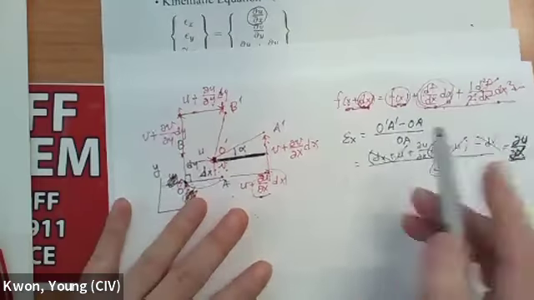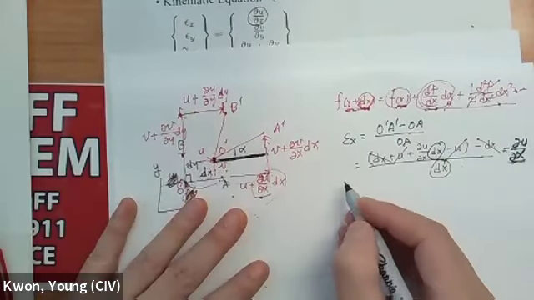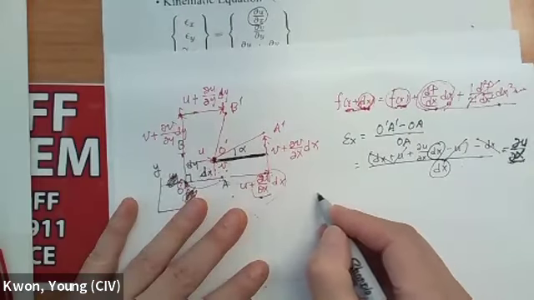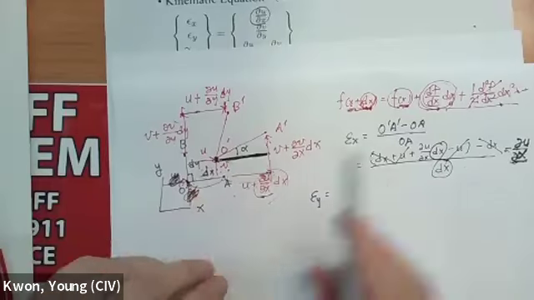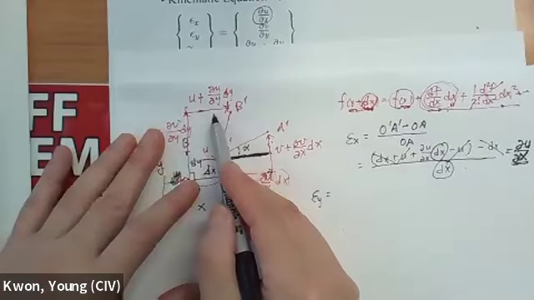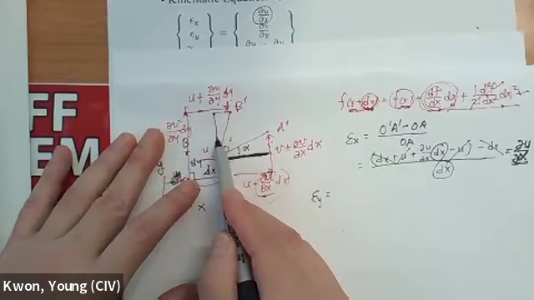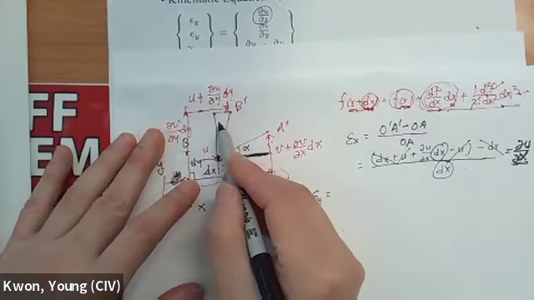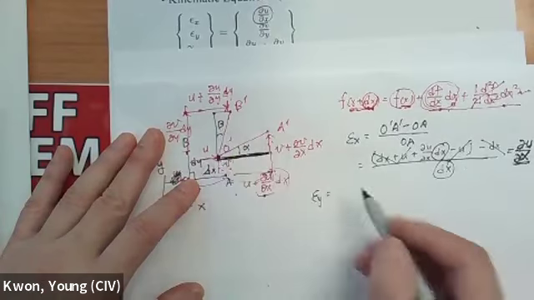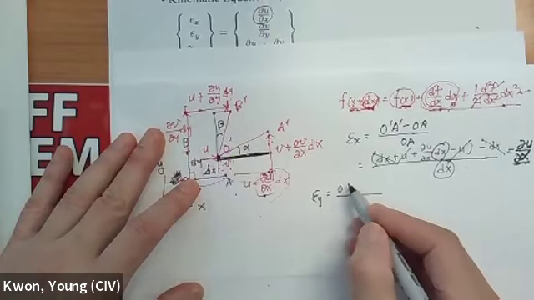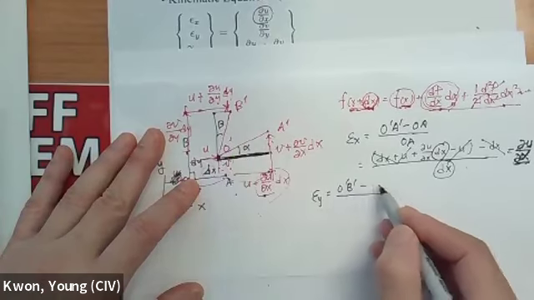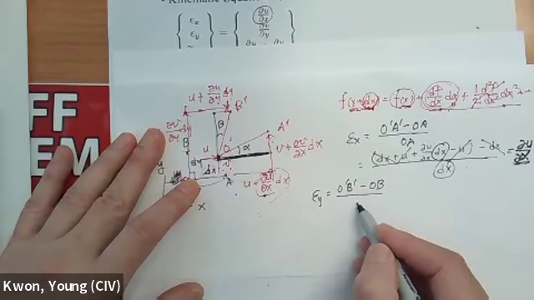Then what about epsilon y? Epsilon y, same thing. If this angle beta is so small, by definition this is going to be O'B' minus OB divided by OB.